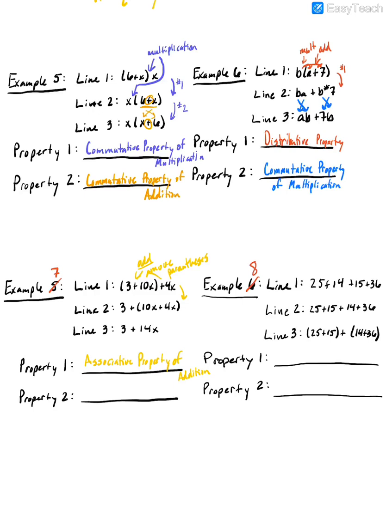Now, probably the more mathematically correct one would be that because I'm saying 10x plus 4x is the same as 14x, so I can replace 10x plus 4x with 14x. So it's almost like you're saying that they're equal to one another, so you can replace them.